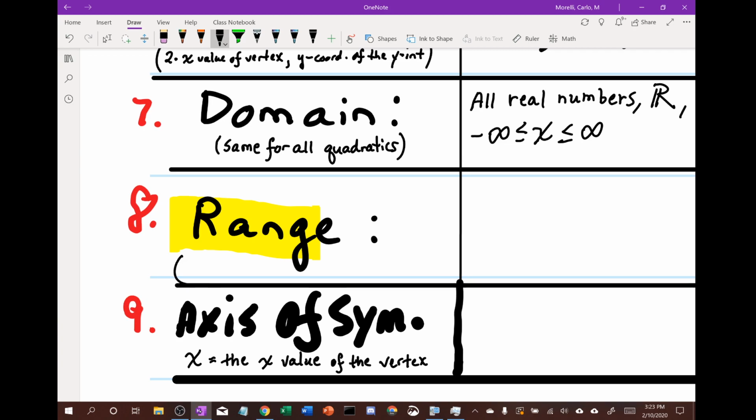The range is the y coordinate of the vertex less than or equal to y less than or equal to infinity, if minimum.